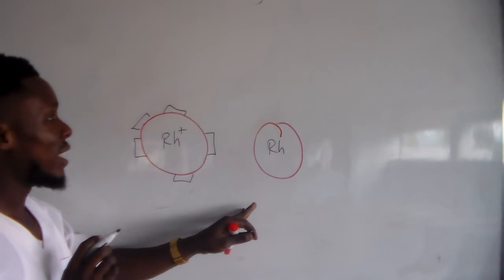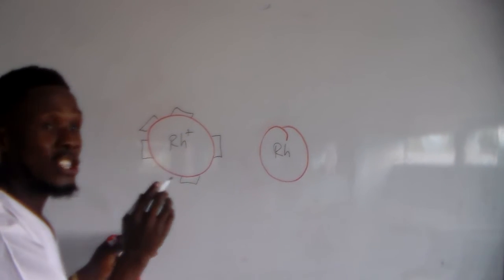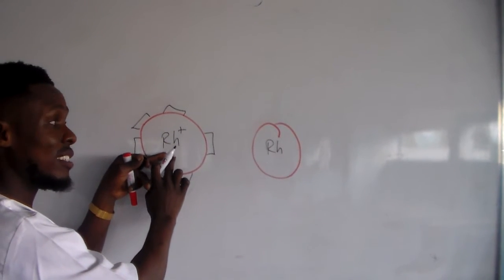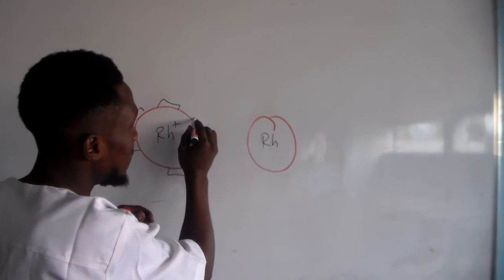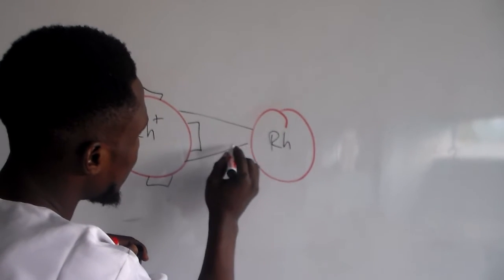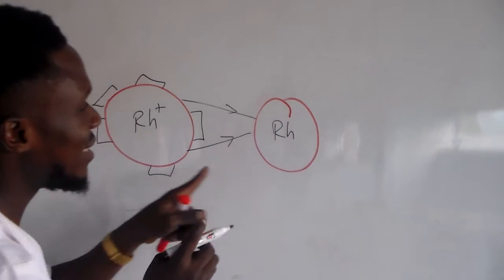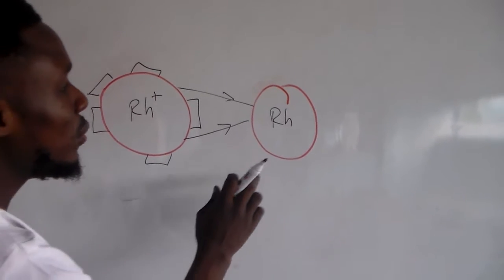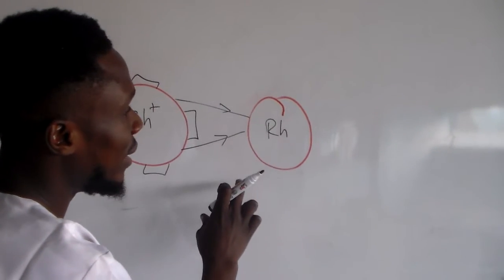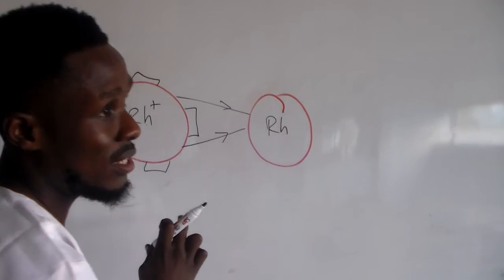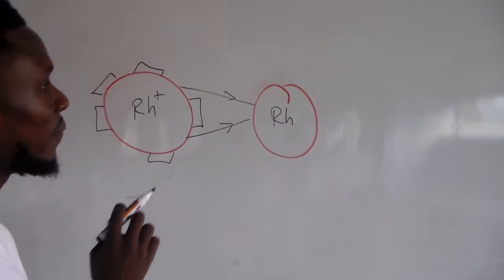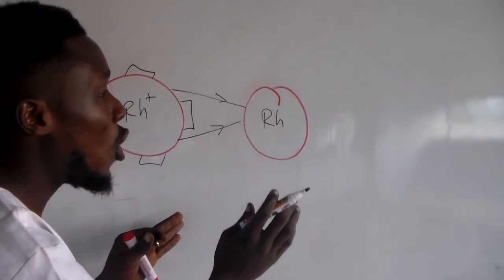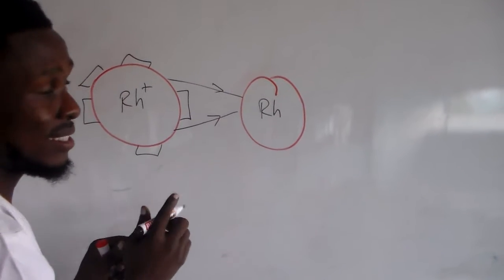So what happens if blood from a rhesus positive individual gets into a rhesus negative individual? This individual's body is sensitized to produce the immunoglobulin antibodies, the IgG antibodies. The IgG antibodies are not naturally occurring. They only come into play when the individual is sensitized.